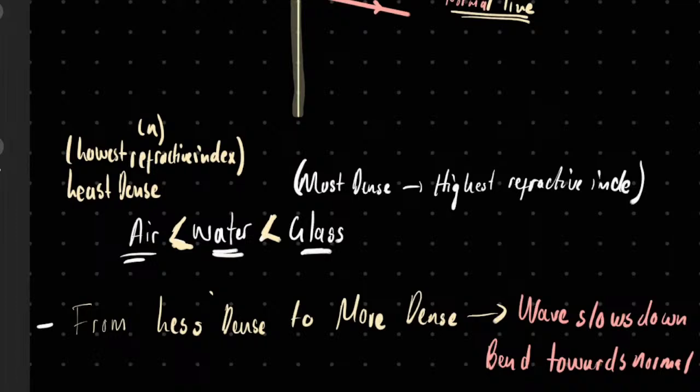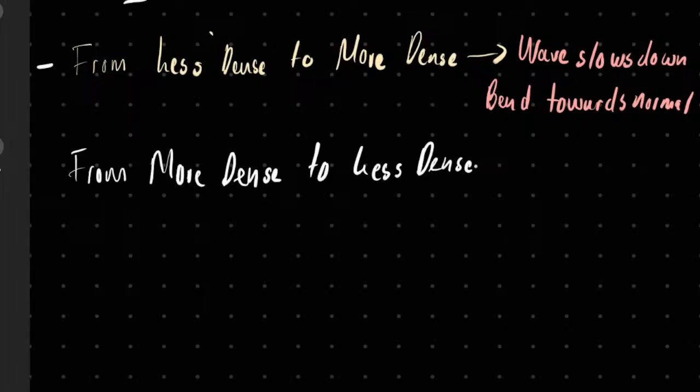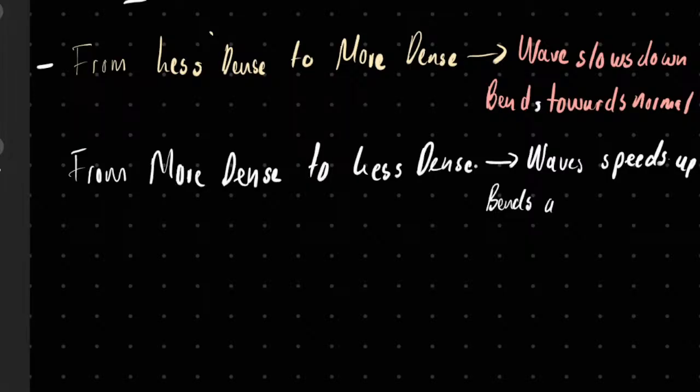Now, from more dense to less dense, what happens? The wave speeds up because it's now going into a less dense medium, and it bends away from normal. This is an important statement. It bends away when it gets to a less dense medium.